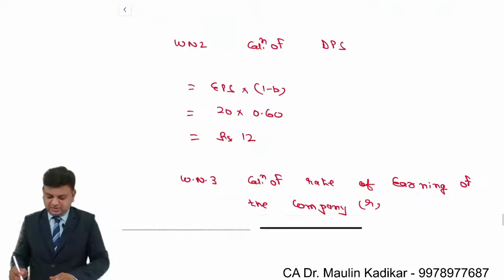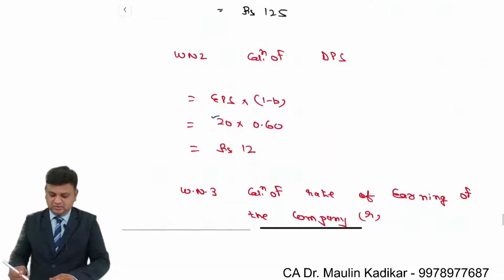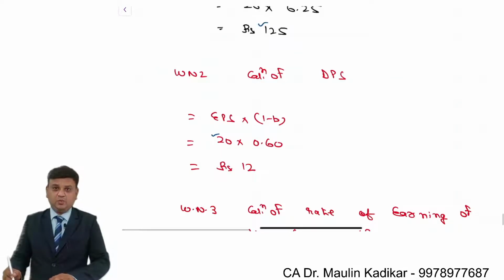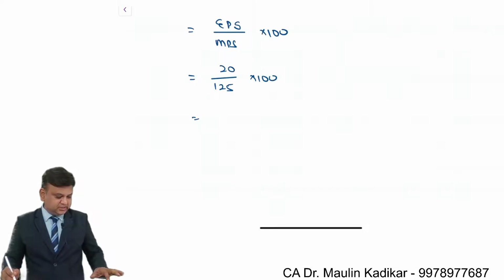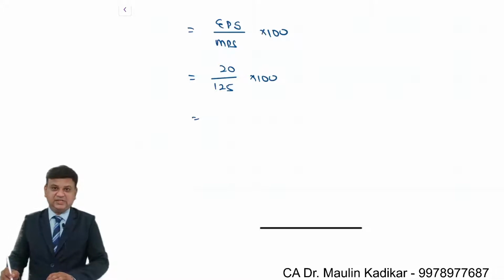What is earning per share, dear students? It is 20. What is market price of the share? 125. Into 100. So the answer is 16%.